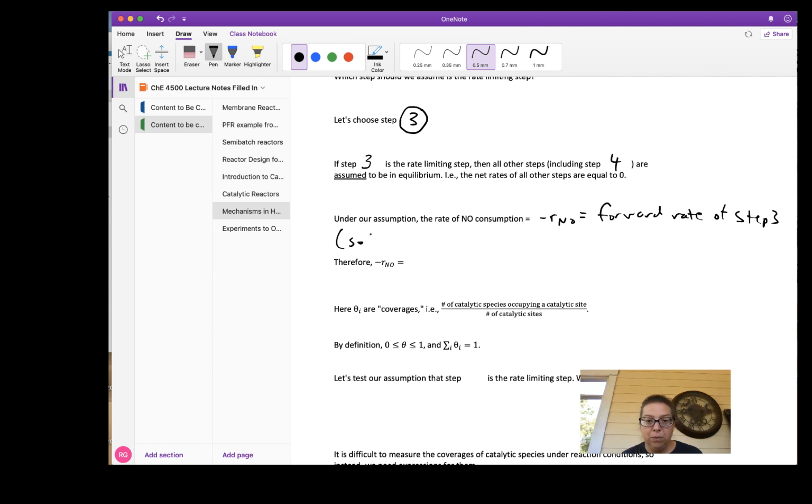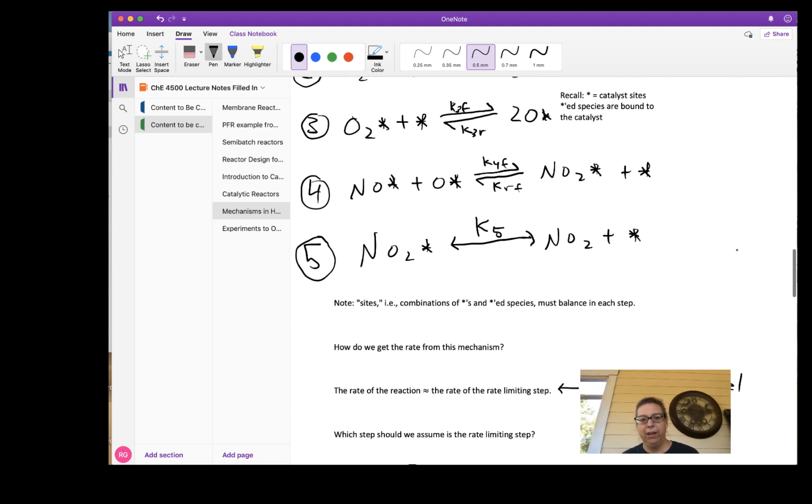So here we've assumed that step 3 is irreversible. So really what we're assuming there is that step 3 is so slow that it takes a long time for it to turn over. It's not able to produce enough.